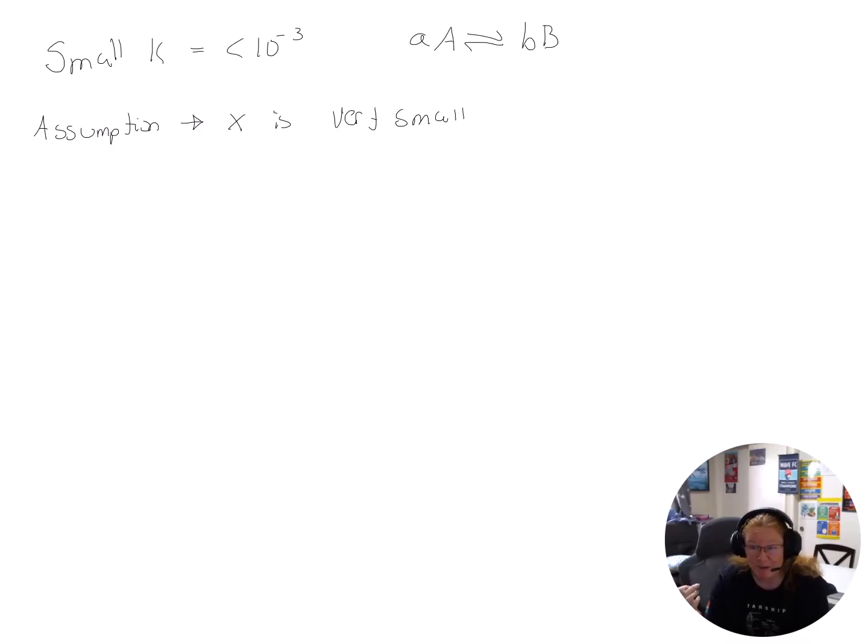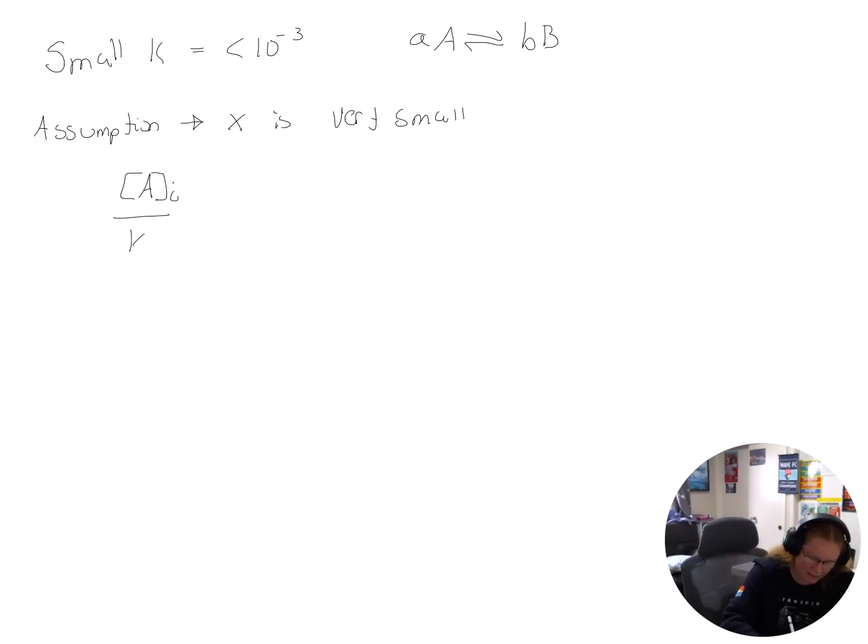And so if not a whole lot of product is formed, that means I don't lose a whole lot of reactant. Okay, so X is very small. This assumption lets us discount X in the denominator. Now, what we're going to look at is we're going to take the initial concentration of A divided by the equilibrium constant, and what we're hoping for is this value is greater than 400.